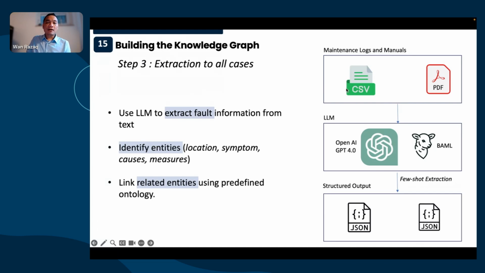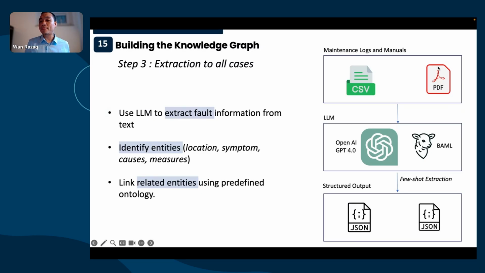After I evaluated with those 20 cases, I extracted entities from all datasets, not only from the maintenance logs, but also from the manual books, which are in PDF. For that, I used a multimodal LLM, OpenAI GPT-4o.